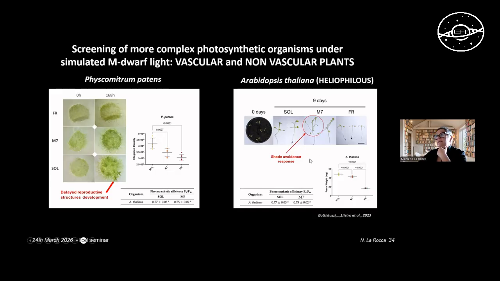And this is a typical shade avoidance response by heliophilic plants. And so this type of plant under an M-dwarf star could have difficulties in development.